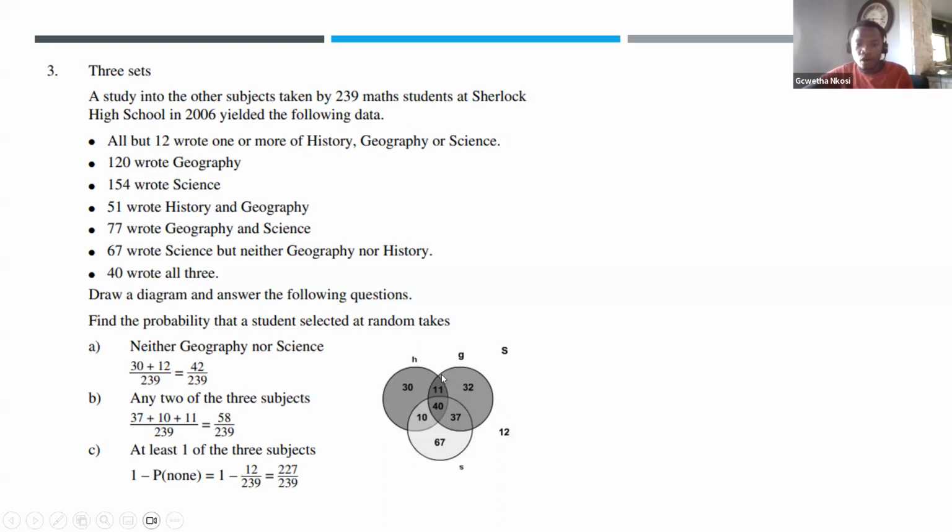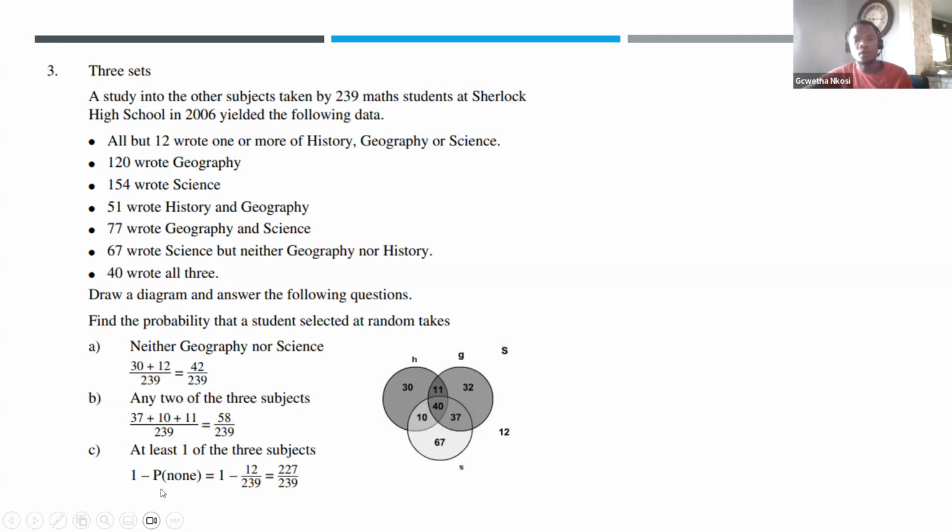So if you add all of these numbers here in these sets, we are going to get 227 divided by 239. If you don't want to take the longer route because you might make mistakes, just say 1 minus the probability of none. These are the spectators, so they didn't take any of these subjects.